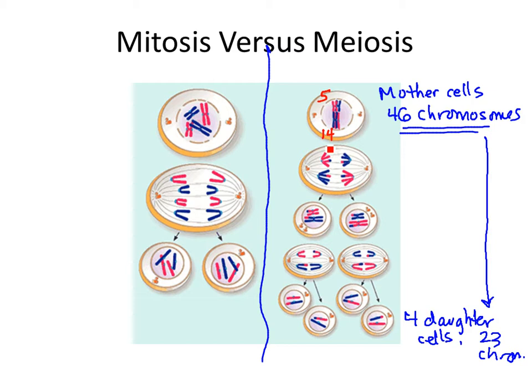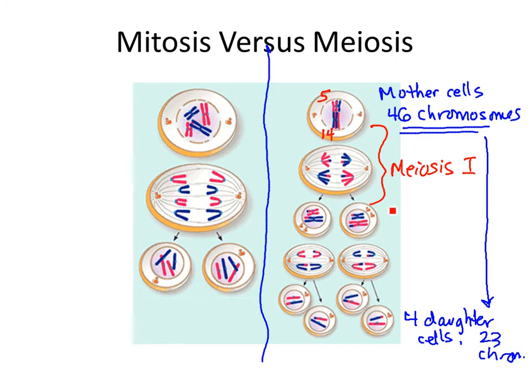So unlike what happens during mitosis, where you're going to wind up with 2 daughter cells, each of which will contain 46 chromosomes, we're first going to do a process called meiosis 1, where the daughter cells will only get 1 copy of each chromosome.